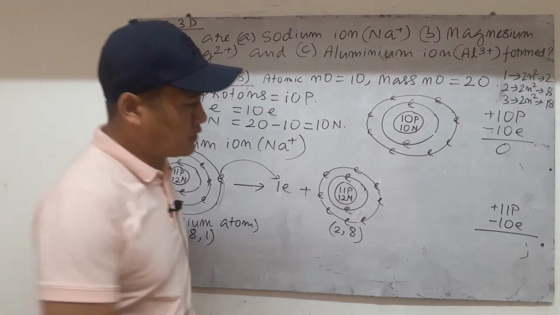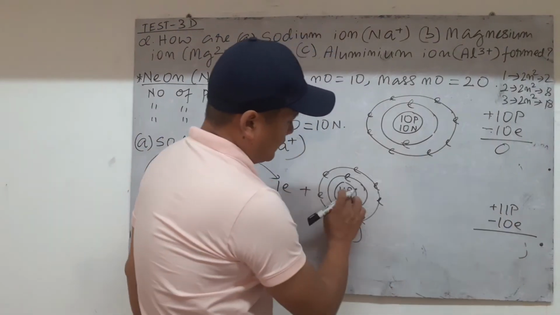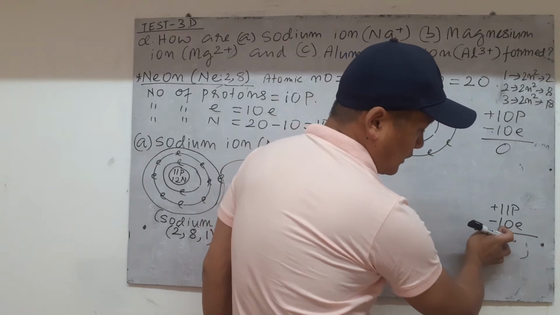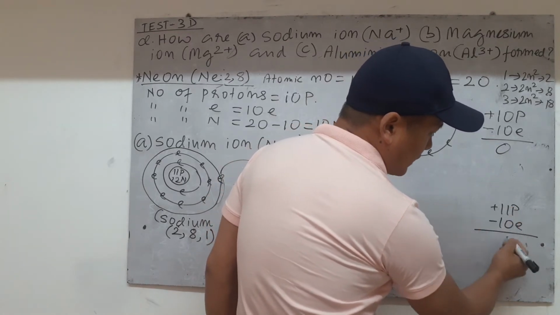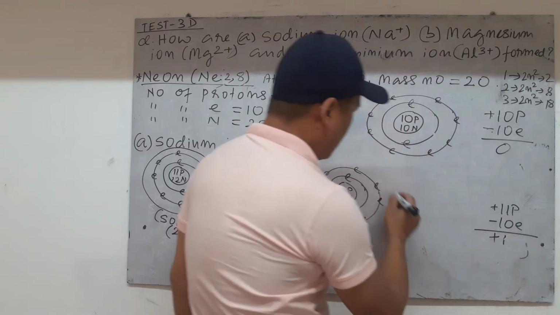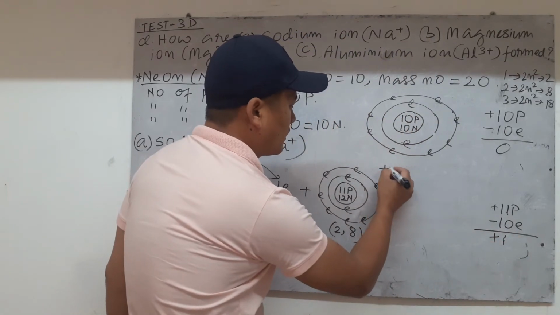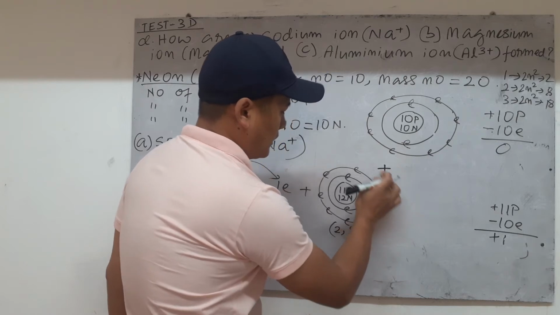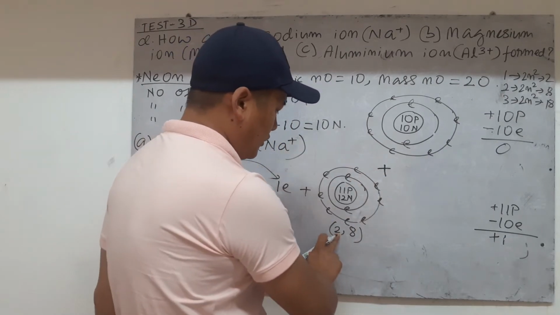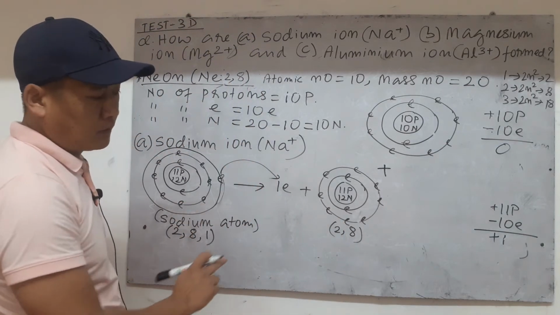But here there will be charge, because see here, proton is still 11, not touched, but one electron removed, so it will become less. 11 has decreased to 10 electrons, so 11 minus 10 is 1. The bigger number is 11 having plus. So a plus sign will appear here at the top of this structure, which has the same electronic configuration of neon, 2, 8. So what is this?